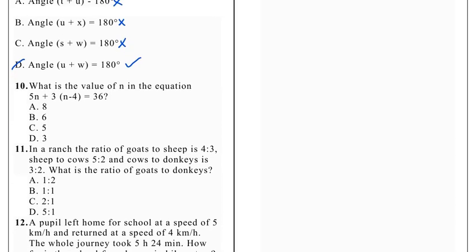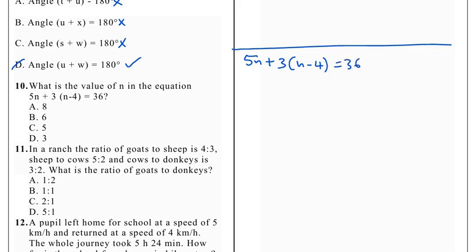10. What is the value of n in the equation? The value of n. So we are going to solve this equation. I'm going to solve it very fast without hesitation. We have 5n plus 3(n minus 4) is equal to 36. We start by opening the bracket. 5n plus 3n minus 12 is equal to 36.